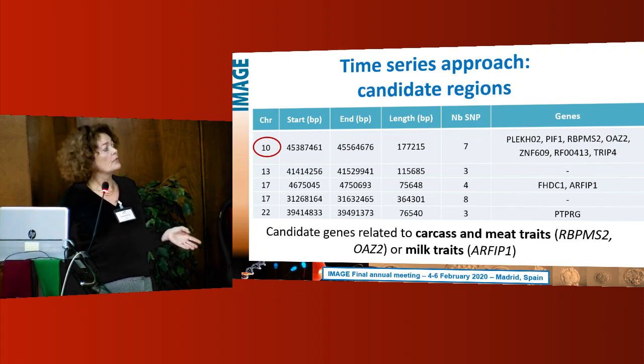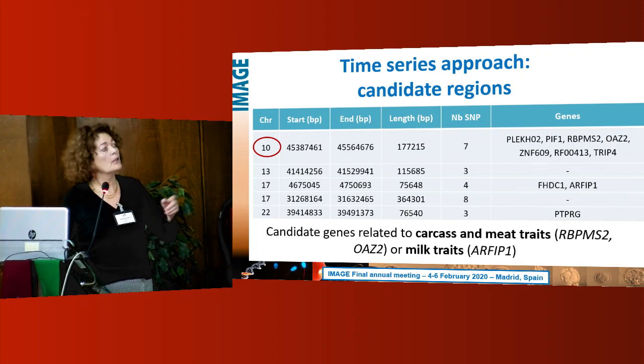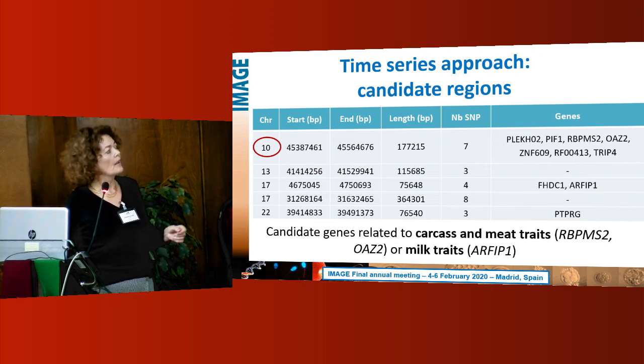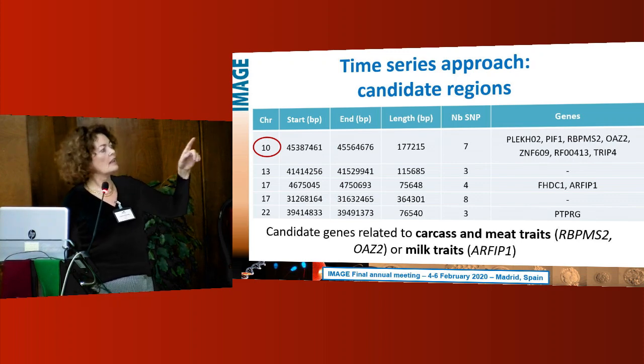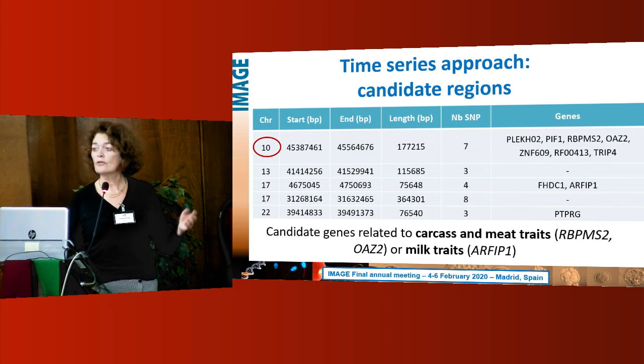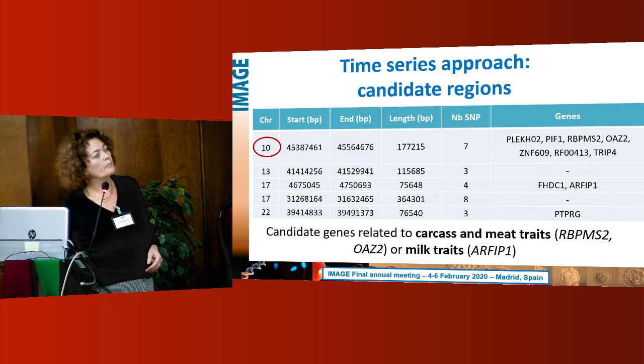One is in chromosome 10, which is again where FLRT2 is included, but we don't find these loci in the region, probably because the detection power is lower. But all the genes that are detected here in chromosome 10, 13, 17, and 22 are all related to carcass and meat traits and also to milk traits. FIP1L1, which is included in chromosome 17.